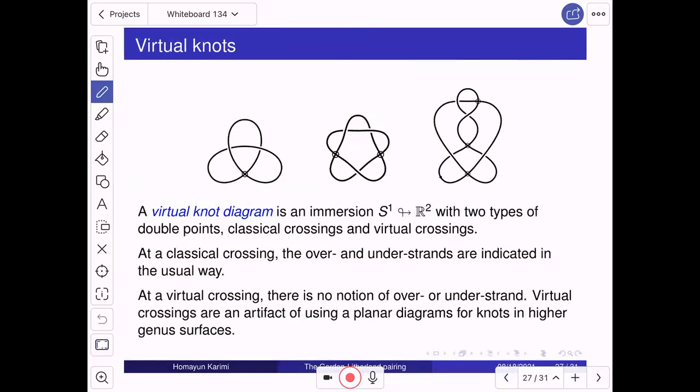And the last application I'm going to quickly talk about is the application to virtual knots. So a virtual diagram is an embedding of S1 inside R2, which, just like the classical diagrams, has over and under crossings, but in addition, it might also have another type of double point, which we call virtual, indicated by a small circle around the double point.